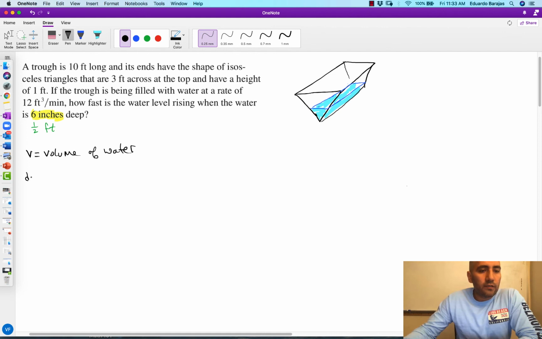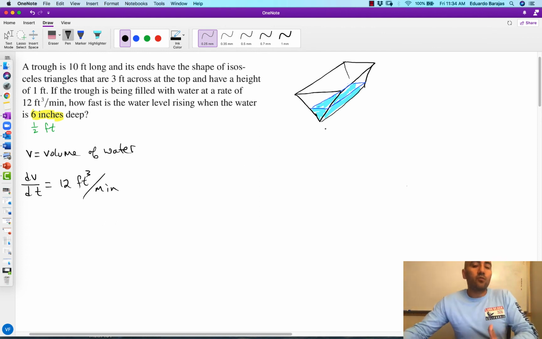So therefore, dV/dt is the rate at which that volume is increasing, which is the rate at which the trough is being filled. So this is equal to 12 cubic feet per minute. And water is pouring into it, so it's positive.